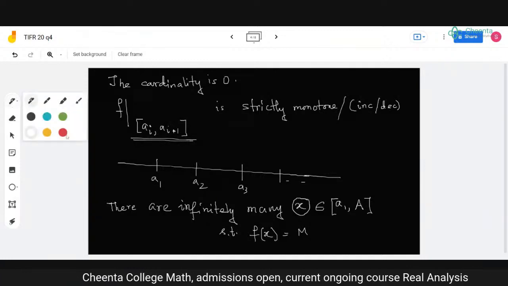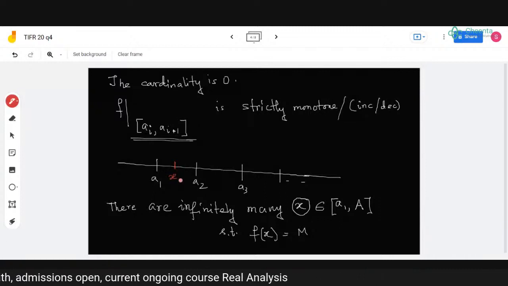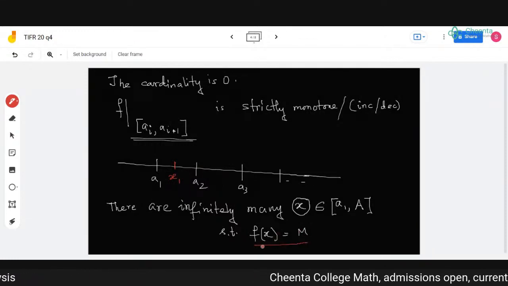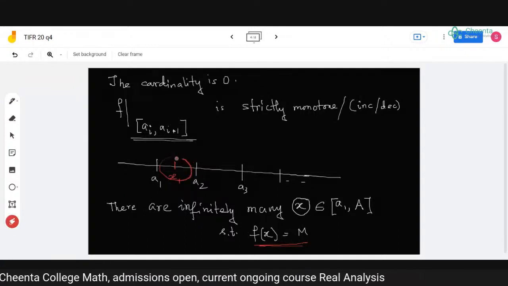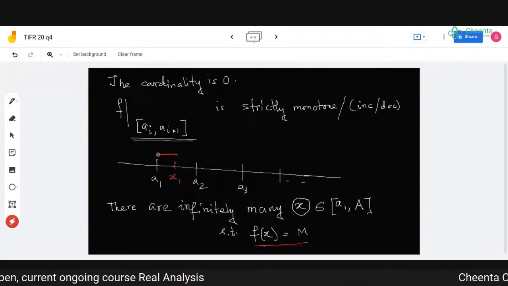Let's say some x1 is here. Then another x2 for which f(x2) equals n cannot lie in the same interval, x2 cannot lie here in the same interval (a1, a2). The reason being, f is injective in these intervals.